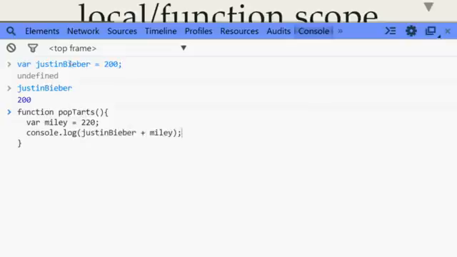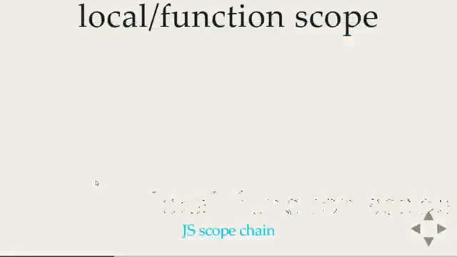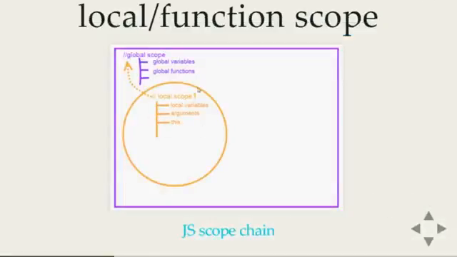It's a global variable, but you can access a global variable, and Miley is a local variable because it is declared inside this function. So if we execute popTarts, you will get a total value of 420. If we look at this in a picture, you will see that local scope is marked as a circle, and you can have access to the local variable inside this function.